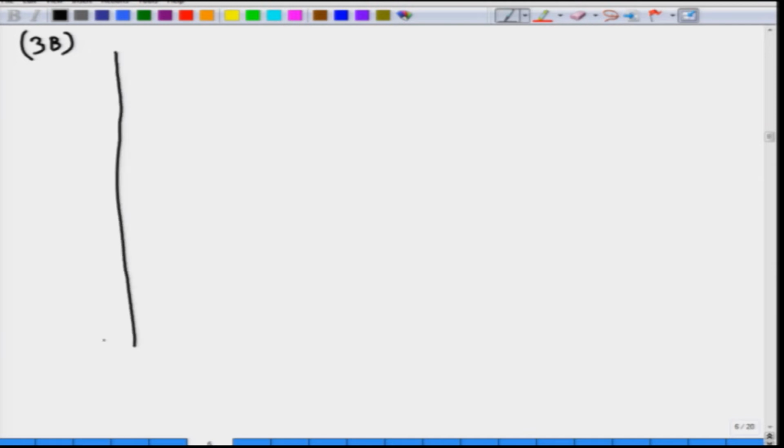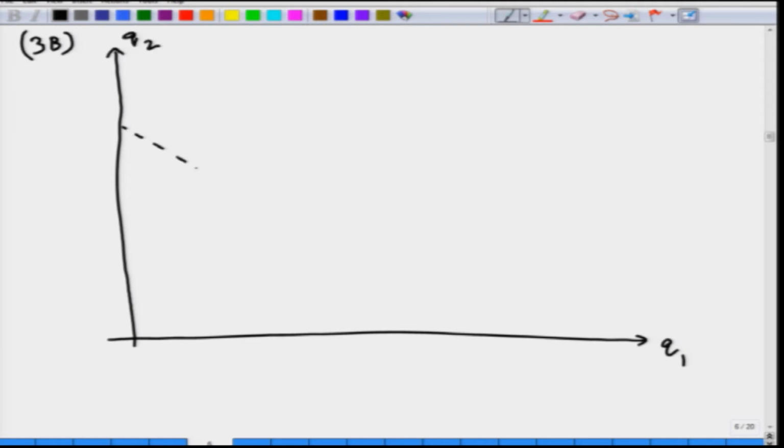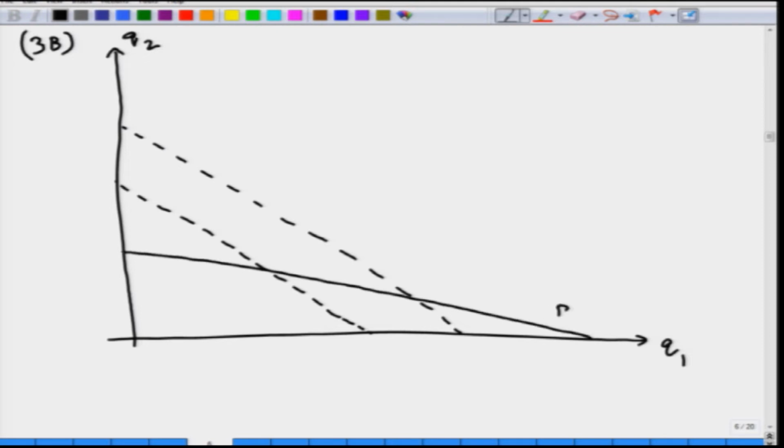So, if we have Q1 and Q2, so we have the best response functions for the firms, we have firm 2's best response curve, so more importantly we need the M1, and this is the S that we had, and let us say the B1 was somewhere here.